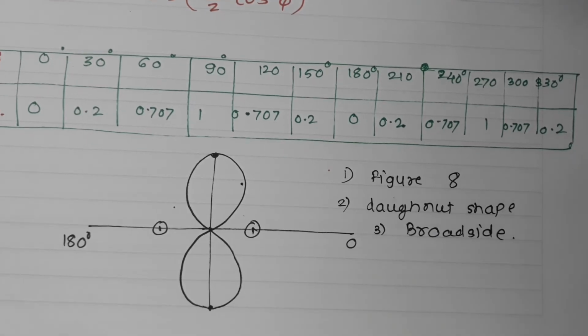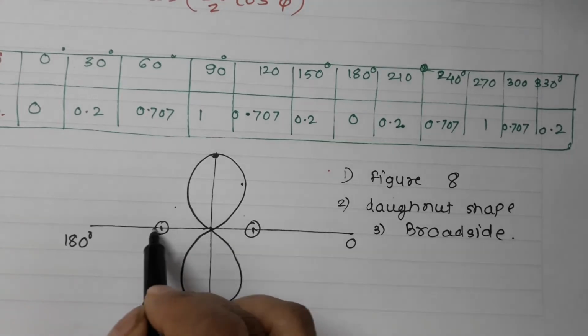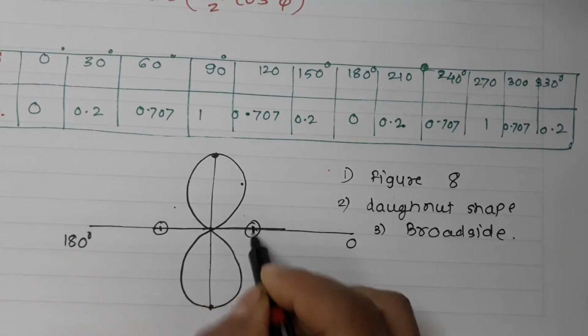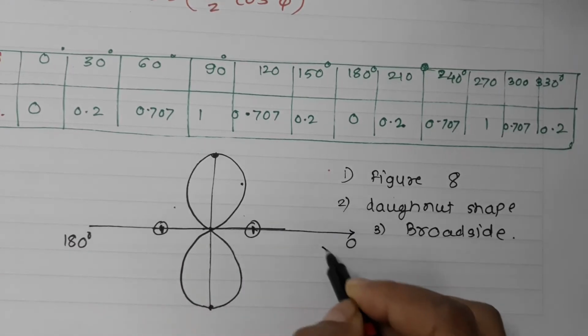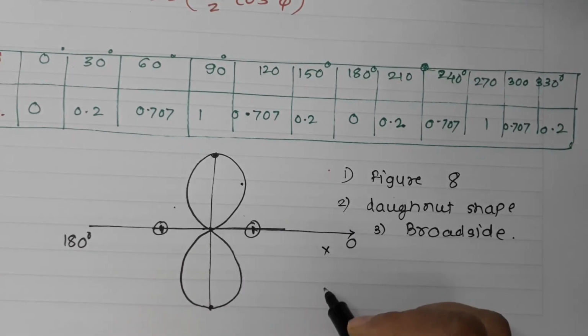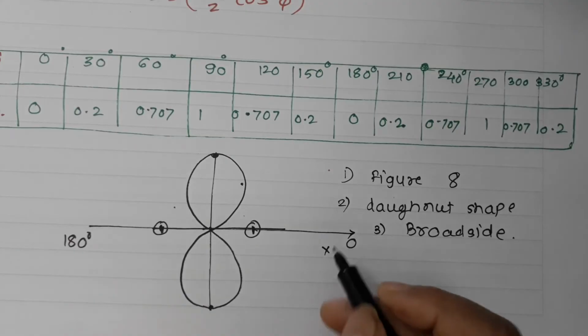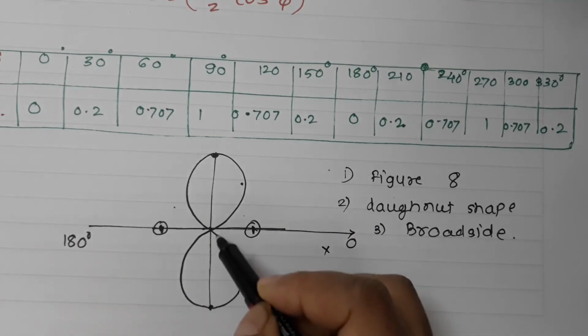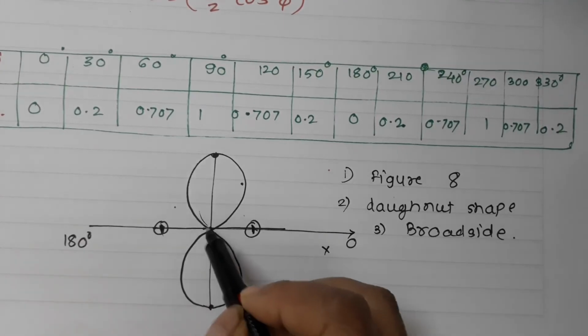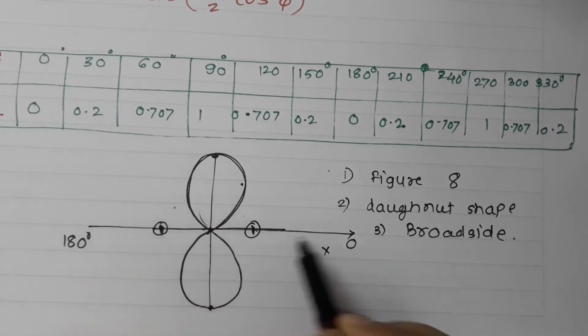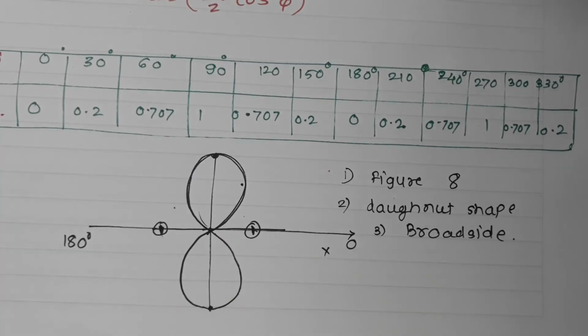So when I talk about the broadside pattern, if you're placing your antennas or the elements on, say, the x-axis, then your maxima will be perpendicular to this axis. So you're placing these antennas on the x-axis and your radiation pattern is perpendicular to this axis, it will be called the broadside array.